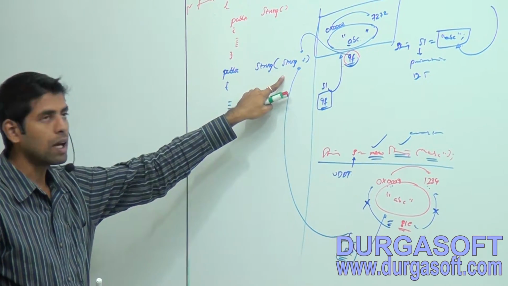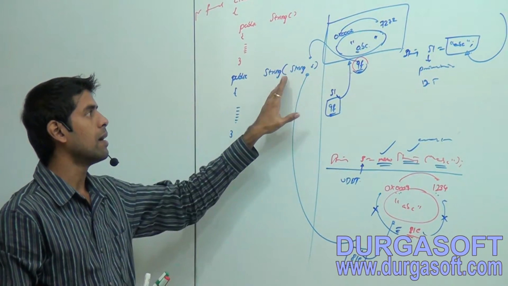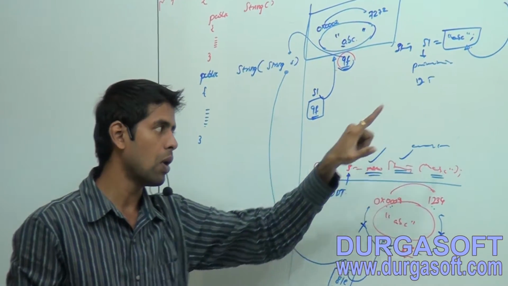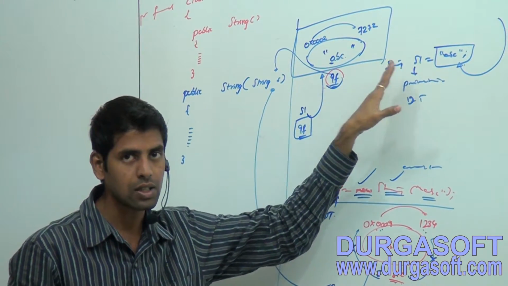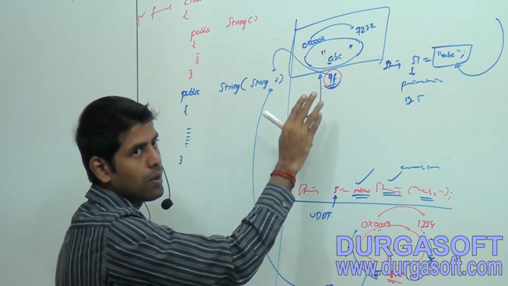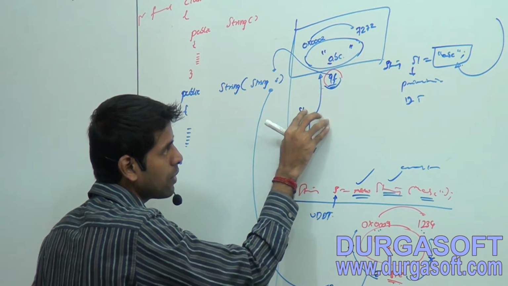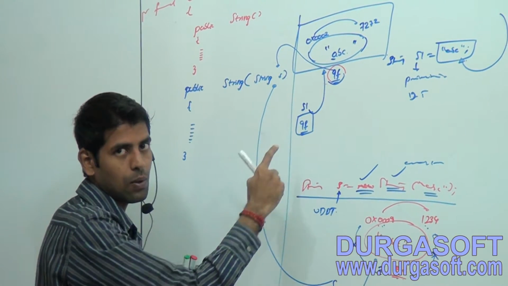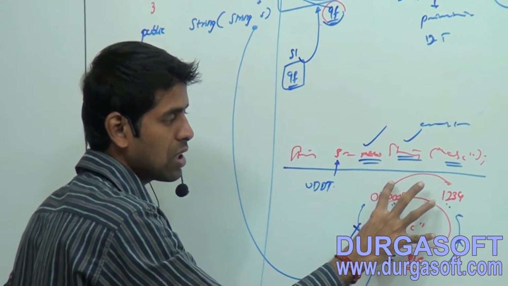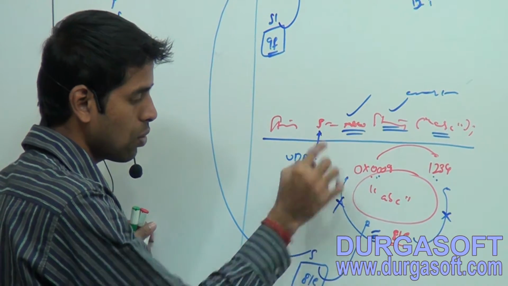Here I can pass as an argument either this statement's reference value, because of this instruction an object will be created with one reference value, and that reference value is available with s1. And because of this statement an object is created, and that reference value is available with s.